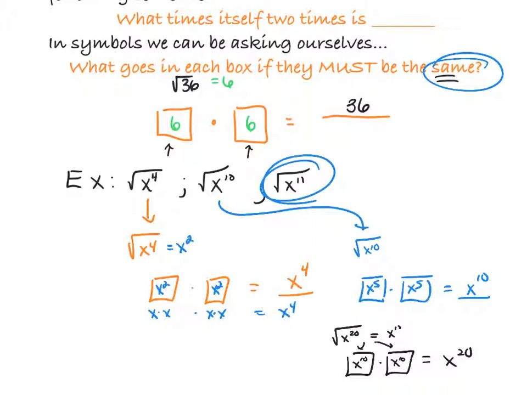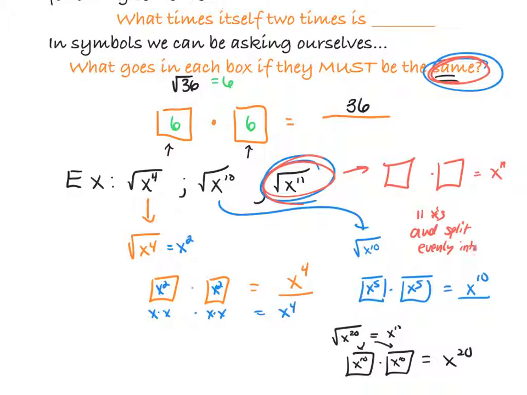If that number is not even, like x to the 11th, we will not be able to calculate the square root directly. Because if I asked you how many x's would you put in each of the boxes, and they have to be the same to get x to the 11th, well, I can't take 11 x's and split them evenly into 2 groups.